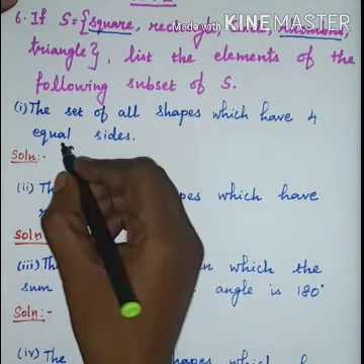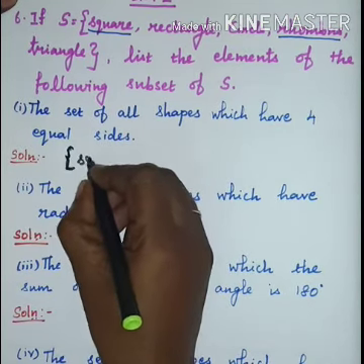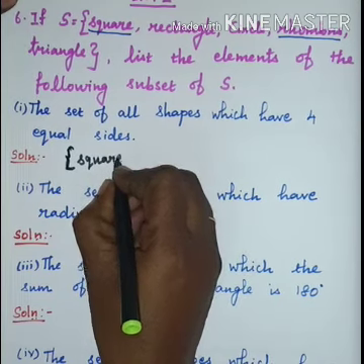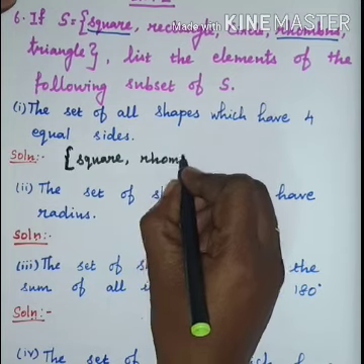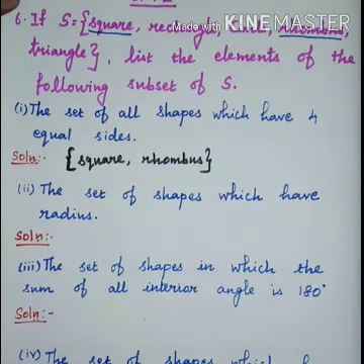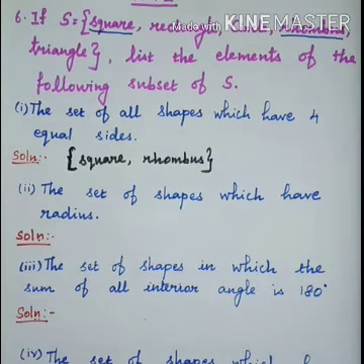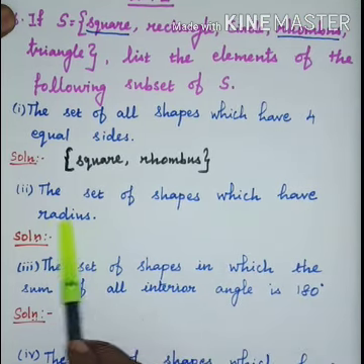The answer is square and rhombus. Then the second subdivision is the set of shapes which have radius.